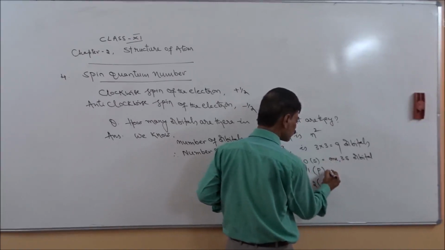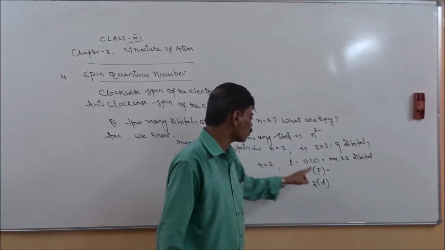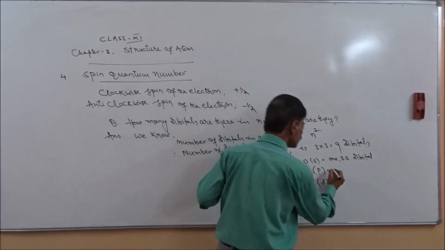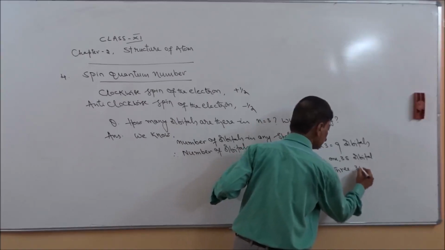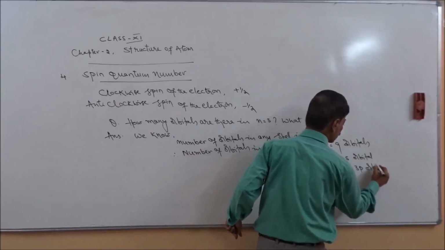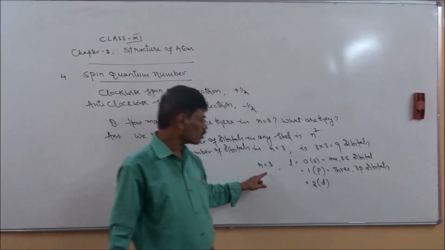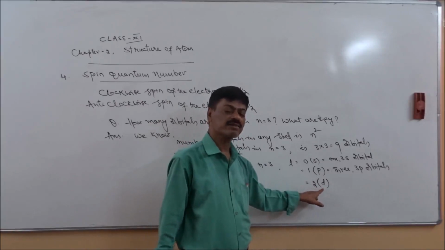In that way, here we have n is equal to 3, l is equal to 1, 3p. In p subshell we have 3 orbitals. So we can write 3 3p orbitals. Now n is equal to 3, l is equal to 2. 2 means d subshell.